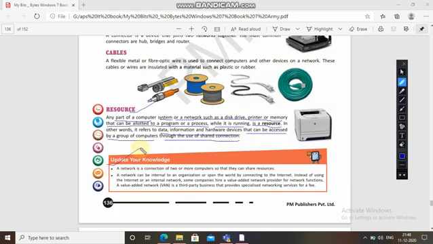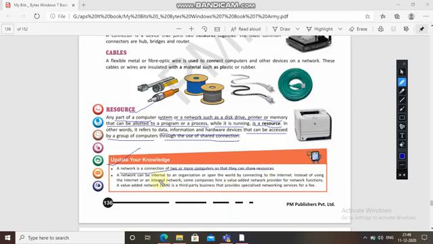Now, in the update your knowledge, a network is a connection of two or more computers so that they can share resources. So we can also say a network is a connection of two or more computers for sharing hardware and software resources.